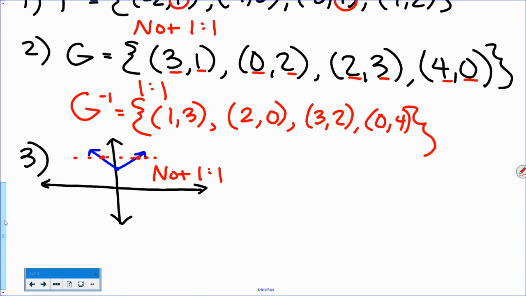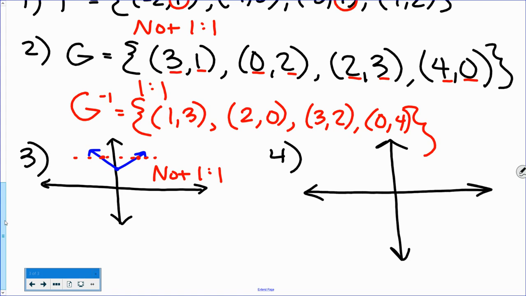All right, so let's look at another graph. I've got room over here. I'll put another one on the right side. All right, so here, I'm going to put 2 points on here.